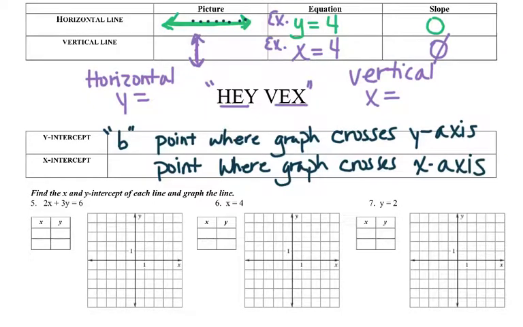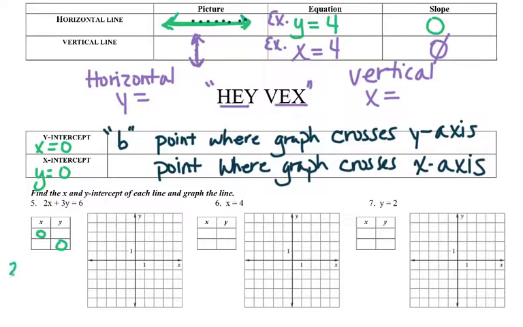And there are some things that are always true about the x and y-intercept. The y-intercept always has an x-coordinate of 0, and the x-intercept always has a y coordinate of 0. And that's how we can find them. Sometimes I call this the 0 thing, where I put in a 0 for x, and then I put in a 0 for y.